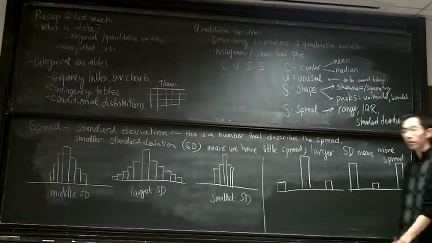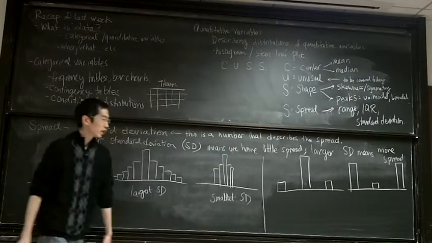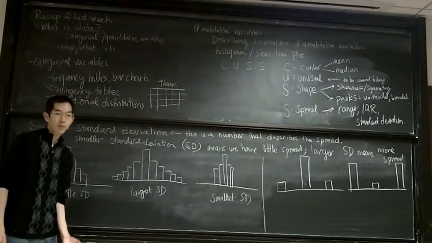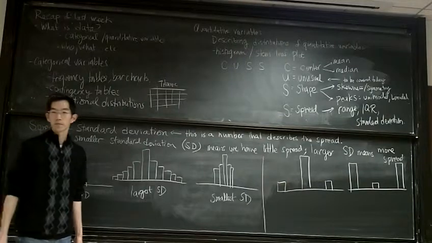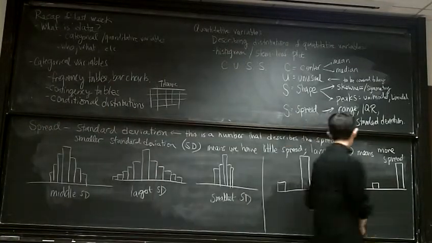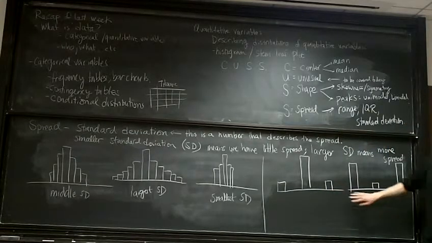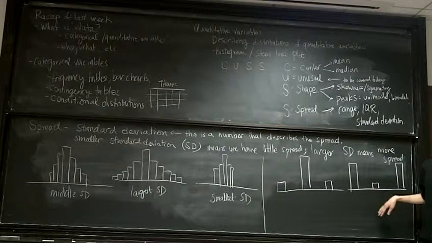Between these 2 histograms, which one has the larger spread? Who thinks this one has more spread than this one? Who thinks they have the same amount of spread? And who thinks this one has more spread?